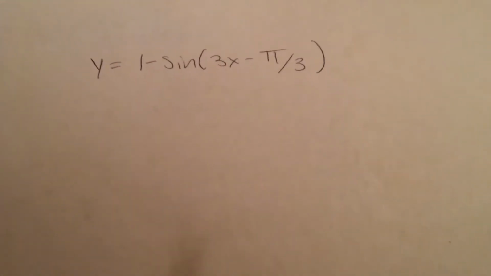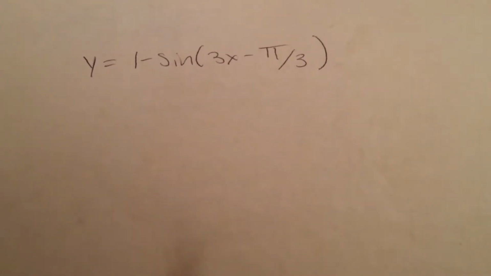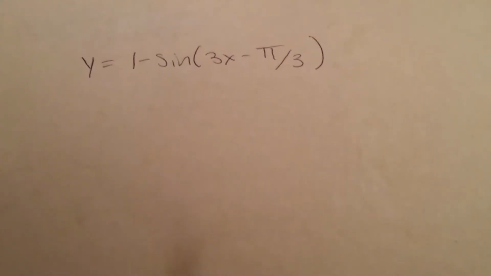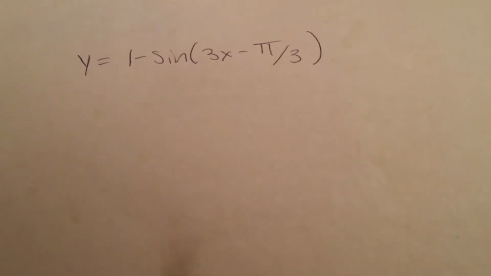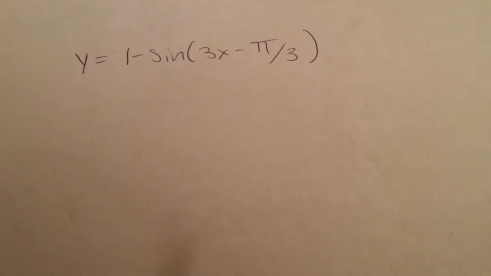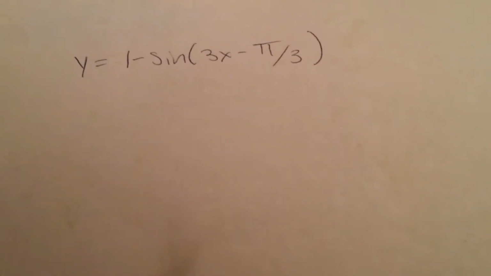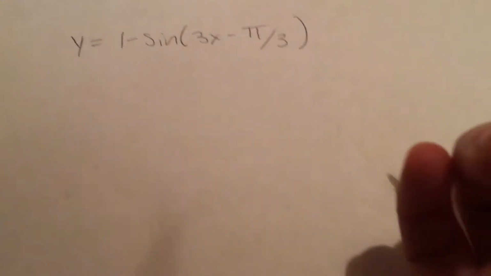So our equation to try and graph a sine will be this equation, which is y equals 1 minus sine (3x minus pi over 3). So first you have to verify the amplitude, the vertical shift, period, range, and phase shift. So now we have to find the amplitude.